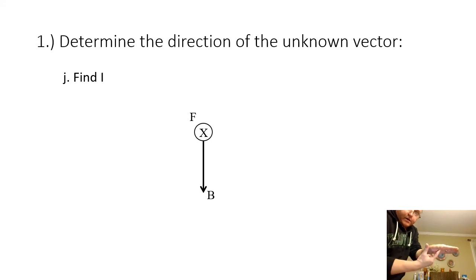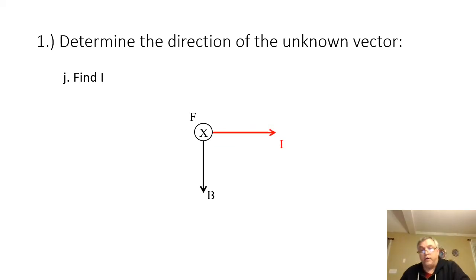My palm is facing downward because that is the direction of my magnetic field. So if there's an arrow coming out of my palm, it would be pointing downward. And my fingers here represent the current, and my fingers are pointing in the positive X direction or to the right. So the current is to the right or in the positive X direction.